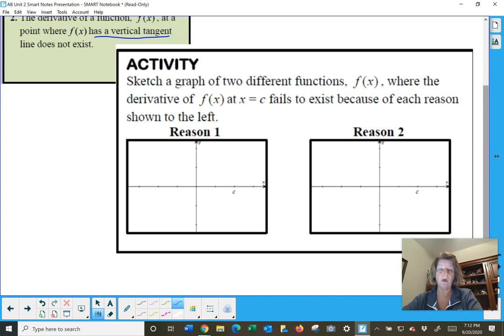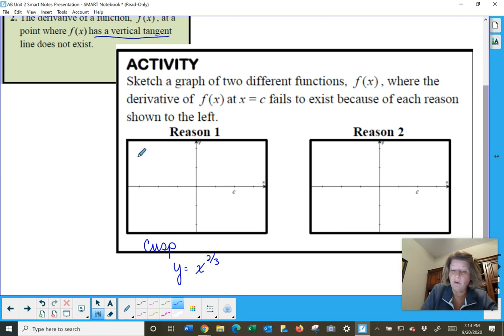Well, the first one was the cusp or the corner. We already did the corner using absolute value, so let's go for one with a cusp. And I know a function that has a cusp. It's y equals x to the, I need it to be even, so I'm going to go 2/3.